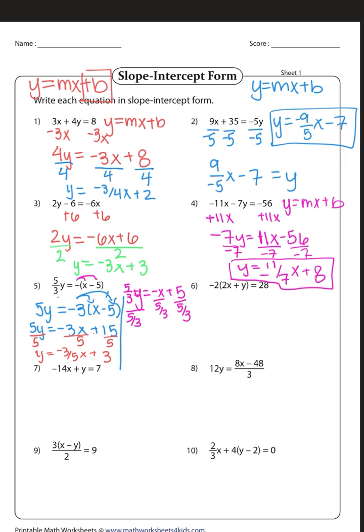Something like this, I always suggest using your calculator for, and remember to use your parentheses to help you with the fractions. But we can always do it by hand. So these cancel out, y is equal, and so we have negative 1 divided by 5 over 3. We can use keep, flip, change.